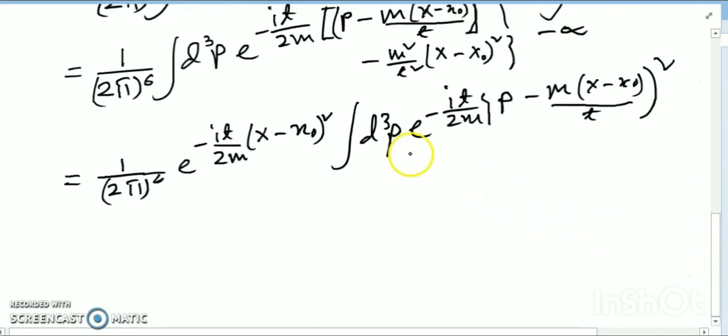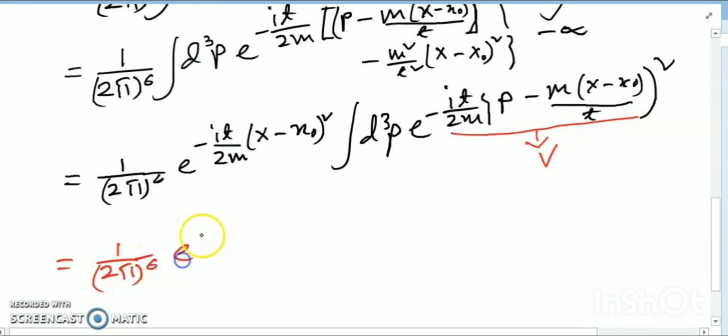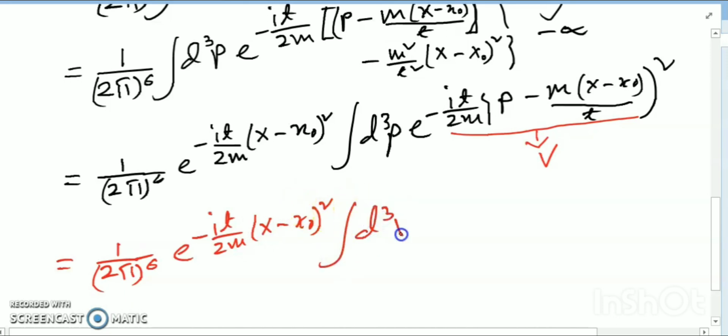So we can write this way: 1 by 2 pi whole to the power 6 into e to the power minus it divided by 2m x minus x0 whole square, and it is written as p into e to the power minus it divided by 2m into v. Now friends, I will show how we can get these square terms from this expression.